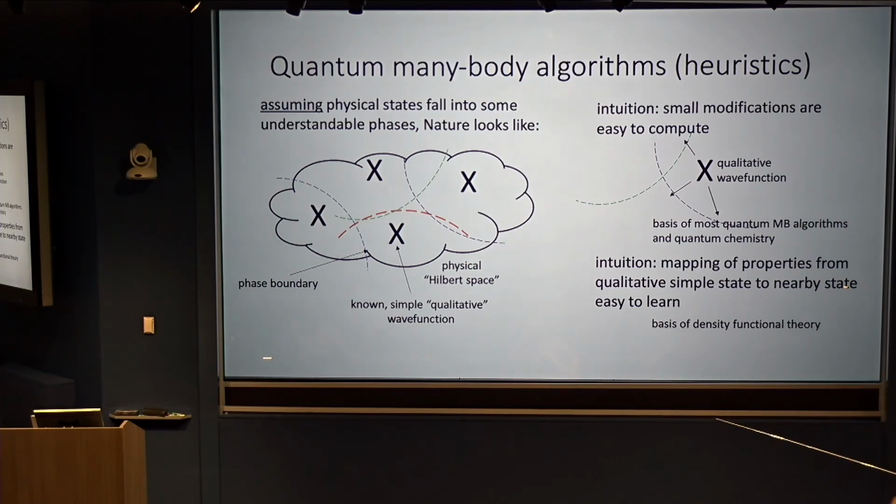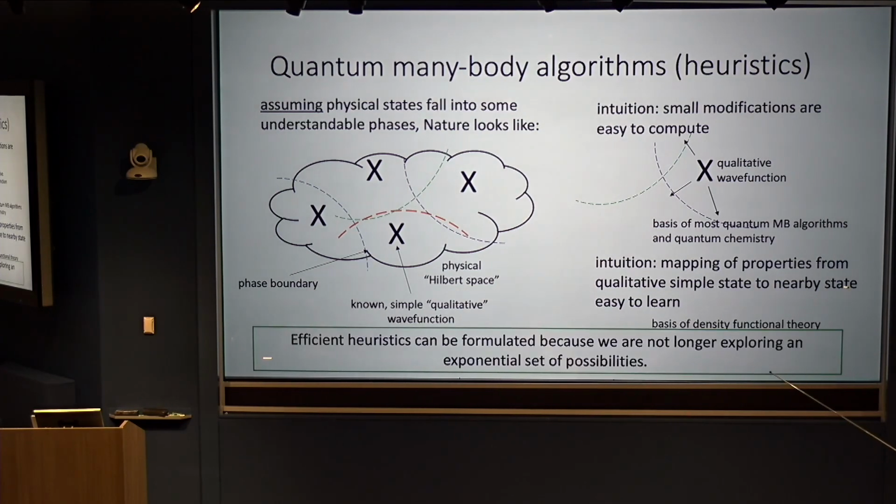And this type of thinking is the basis of a very popular type of simulation method known as density functional theory. But the essential point is that these types of heuristic algorithms, which use this additional physical understanding, can be formulated. And because we're not blindly exploring this exponential set of possibilities, they can be very efficient.